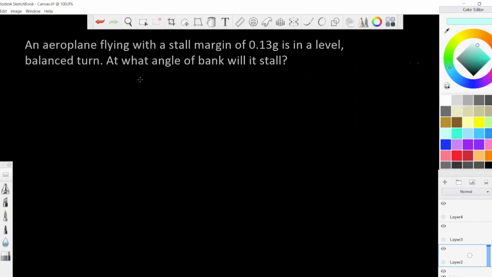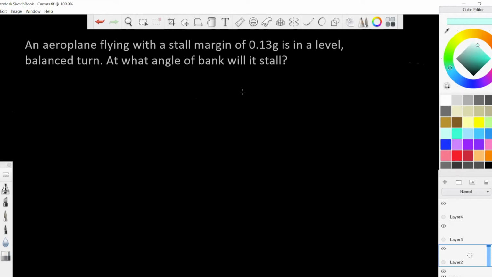So an aeroplane is flying with a stall margin of 0.13 g. Now that relates to how fast the aircraft is flying compared to its stall speed straight and level. It's 1 g stall speed. And the aircraft, this is where I've elucidated the question a little, is in a level balanced turn.